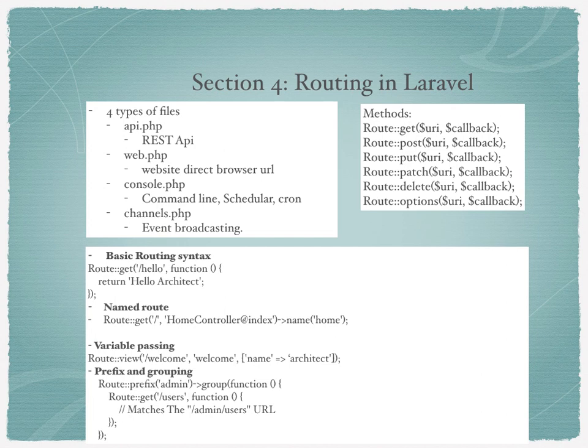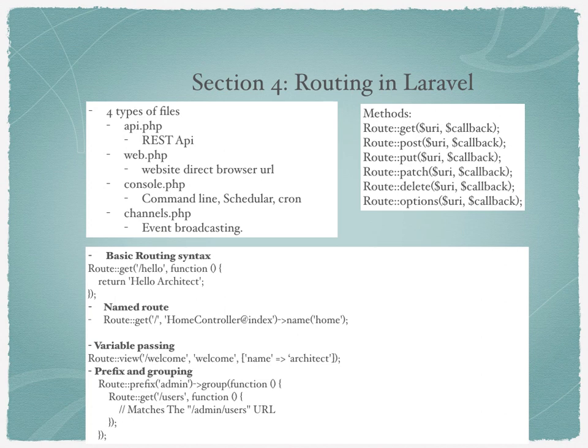At that time we don't require authentication directly with username and password. There is also separate authentication, but it is a REST token based system, or maybe some different credential based system. So if we want to create APIs, then we have to add all the routes in this api.php.